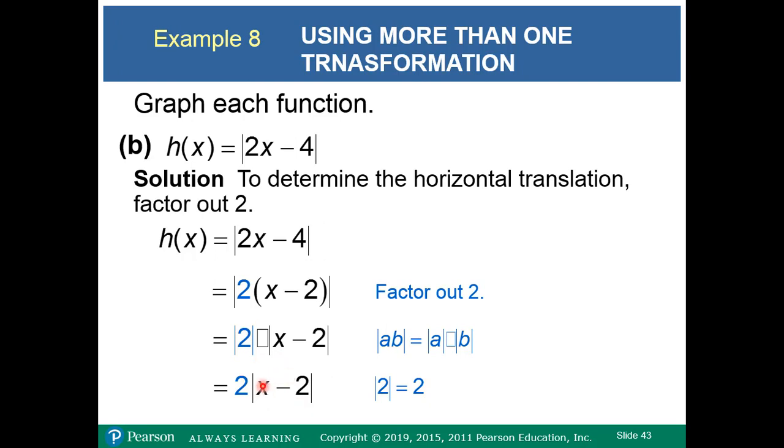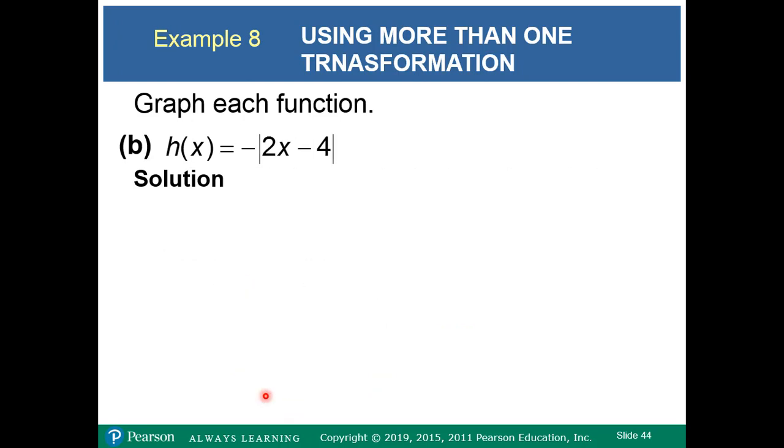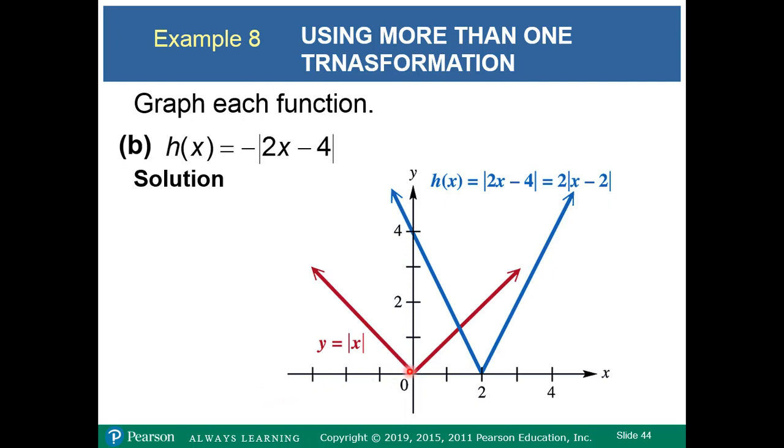Well, we know this is going to be 0 at x equals 2. So this is a horizontal translation to the right, 2 units. And so it's a horizontal translation to the right 2 units, and then it's also a vertical stretch as well.